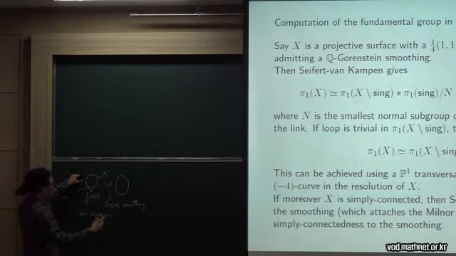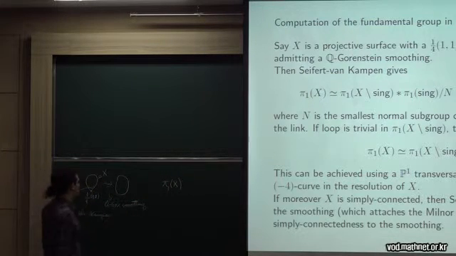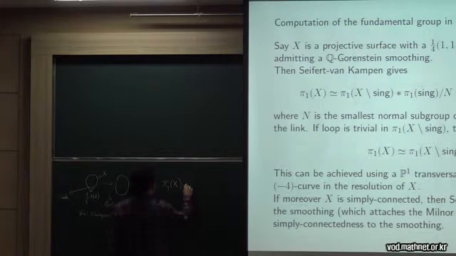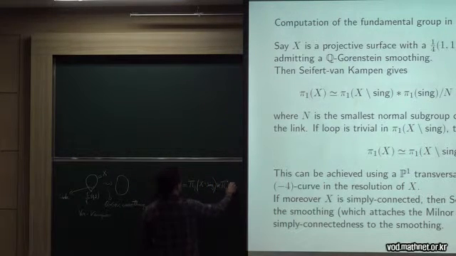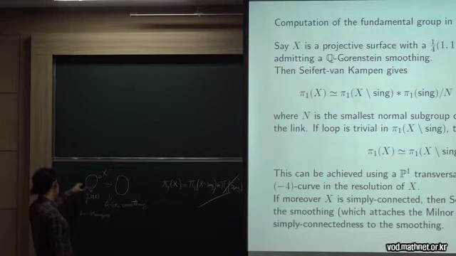And so there are two steps. The first one, we do Van Kampen for the surface X, so X minus the singularity, or a neighborhood of the singularity, free product with π1 of the neighborhood, but this is 0, over the loop around this link.